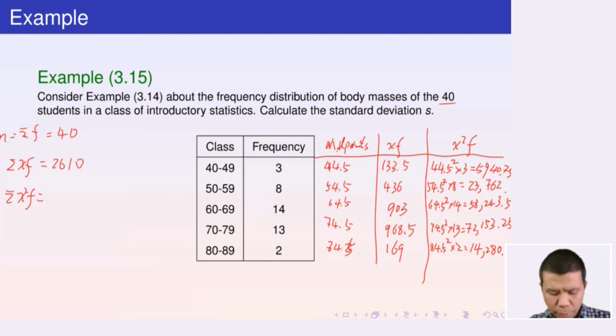5940.75 plus 23,762 plus 58,243.5 plus 72,153.25 plus 14,280.5.